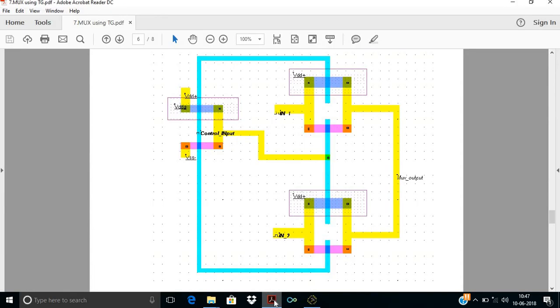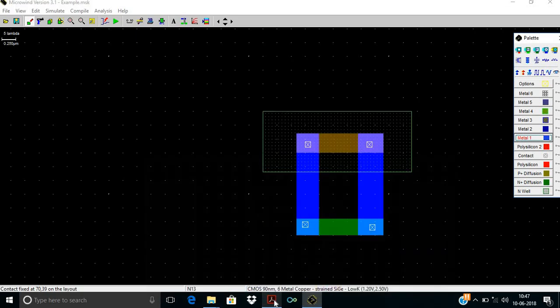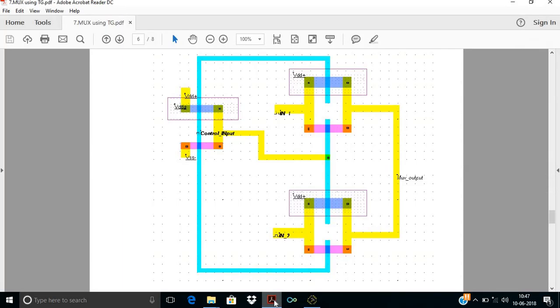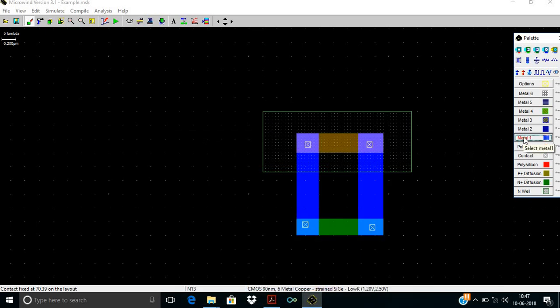Now up till now we have completed this. From here you have to take the input, and from here you have to take the output. Now I will copy this.